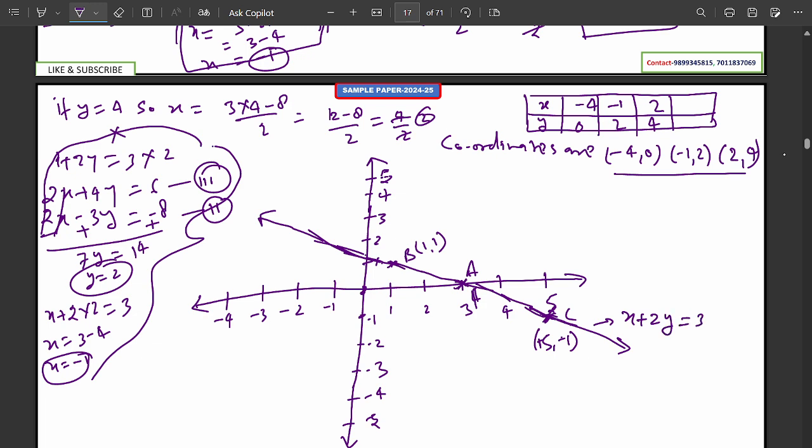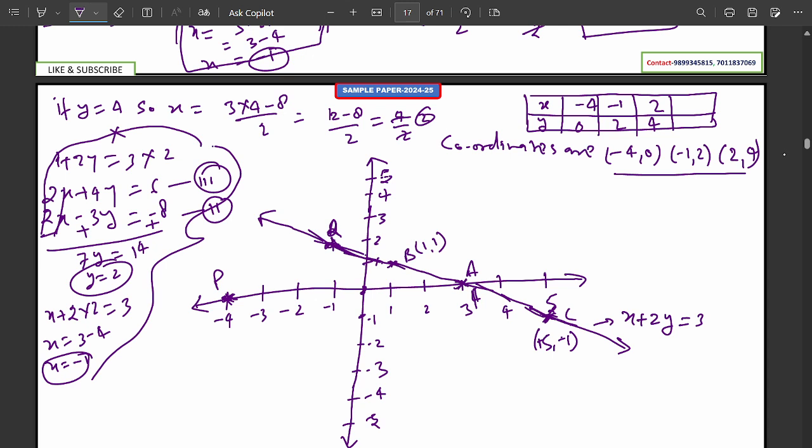After that we should trace this one, minus 4 comma 0. So minus 4 comma 0 is here. This is point P. Minus 1 comma 2 will be here, this is point Q, and R is 2 comma 4.